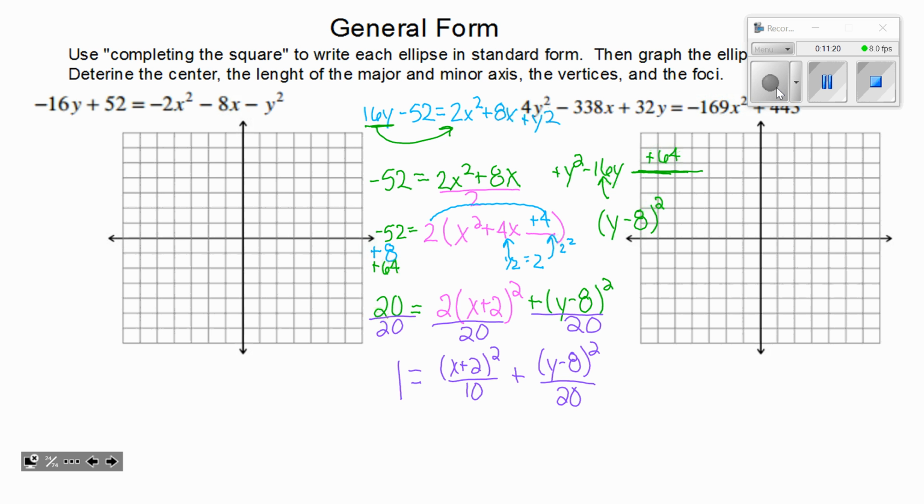Now keep in mind that the change in x right here is the square root of 10, and the change in y right here is the square root of 20. Keep in mind that in this form we did not include the squaring to cover that denominator. So that happens, it's fine. It's not always a friendly number, but we do know that the center is at -2, 8, and we know that the change on x is a little bit more than 3, and the change on y is roughly 4.5 from the square roots of those numbers.